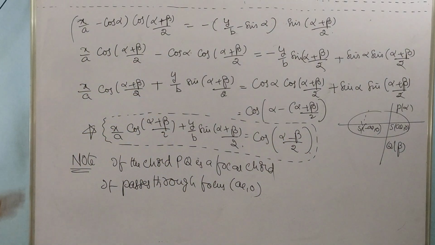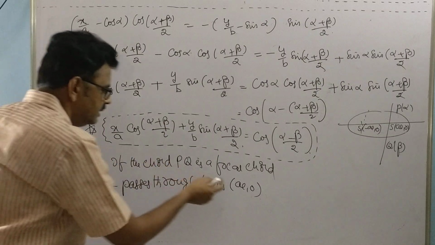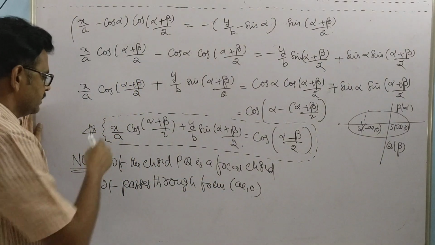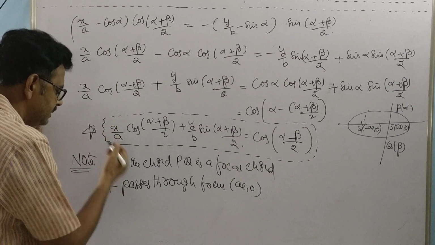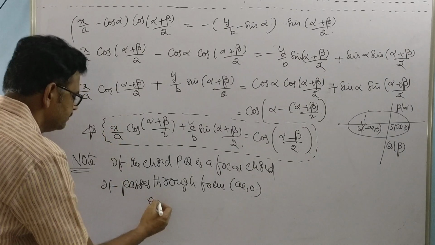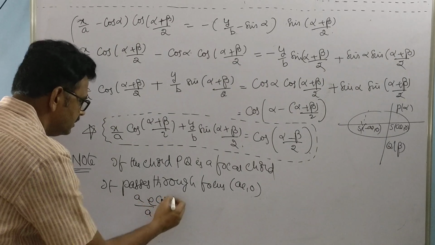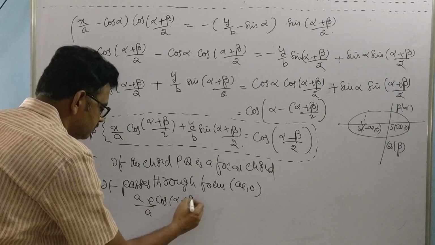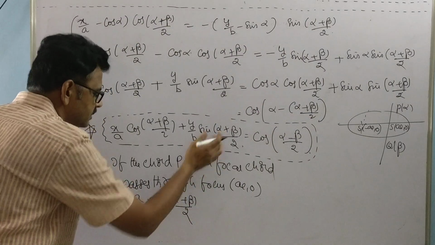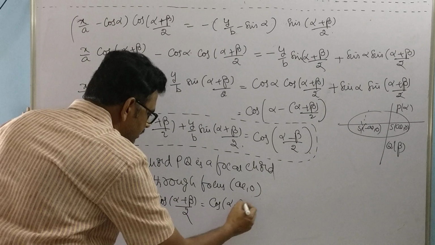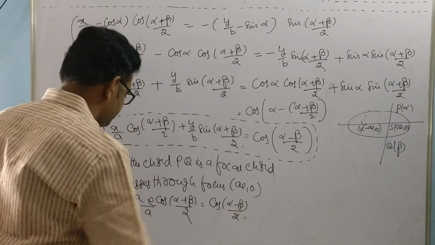So in place of x and y, write (AE, 0). So this is AE by A, so this is E, AE by A into cos of (alpha plus beta) by 2, and this is 0, equal to cos of (alpha minus beta) by 2.